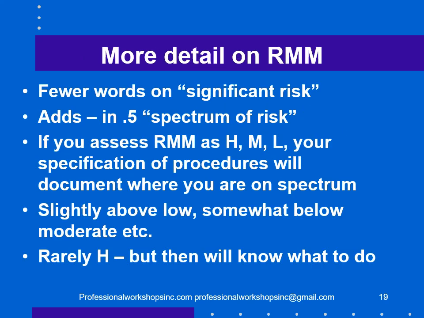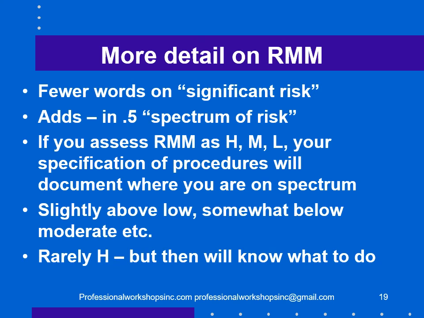There's more detail on risk of material misstatement. One of the objectives was to provide more guidance on significant risk and what you did if there was a significant risk. They've actually taken a lot of those words out and said less. But I think the solution, and I quite like this, is they talk about a spectrum of risk. That risk is not high or moderate or low.